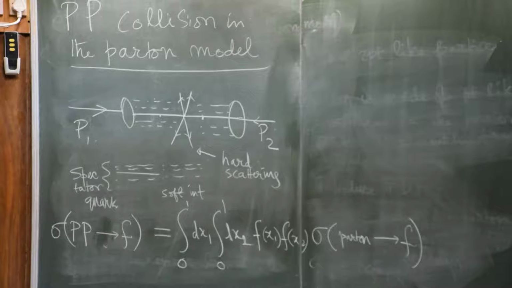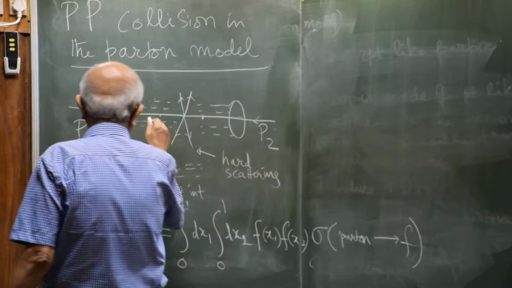But since we do not know which photon participated, remember quarks are unobservable, we assume that they have been produced with two photons carrying x fraction of the proton momentum.